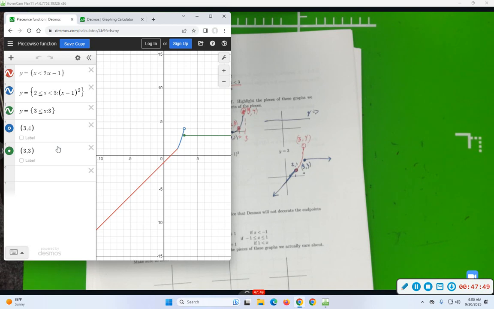A computer graphs by plugging in a bunch of inputs. That won't tell you what happens exactly at any input, because it might not be a number that the computer tests. So, you can graph each piece using this sort of notation, where you care about that formula, that's what the formula is. And you might be able to do that on your graphing calculators too, but Desmos is just a better tool anyway. All right. And, oh, I'm even on time.